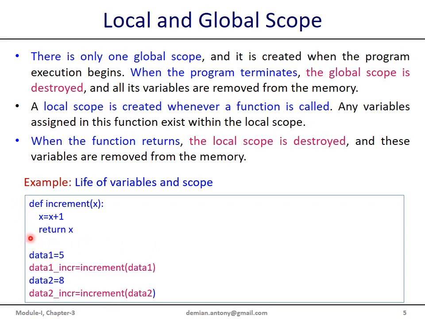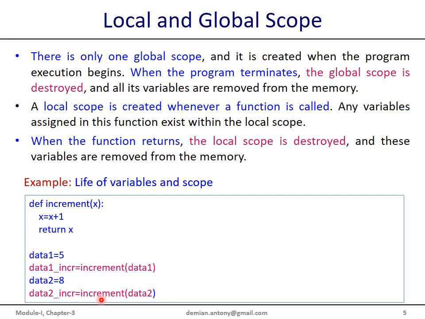And we have a local scope here. We have only one local scope wherein we have a local variable x, and this variable x is created when there is a function call. Let us say increment data1 is a function call. When this function is called and executed, this x is created, and upon termination this x is destroyed.